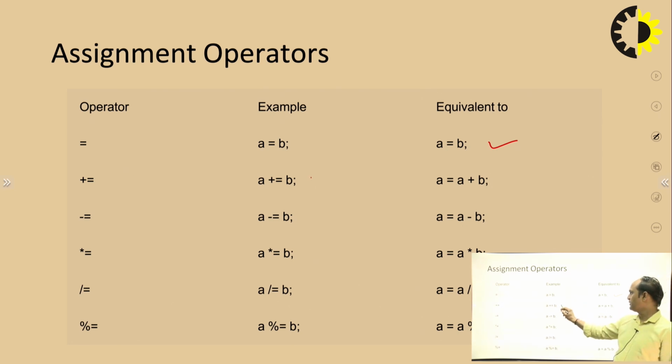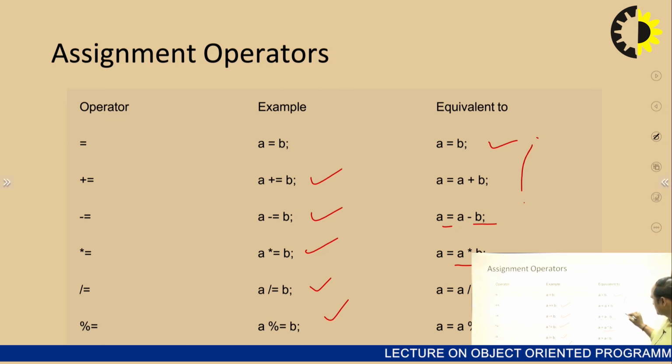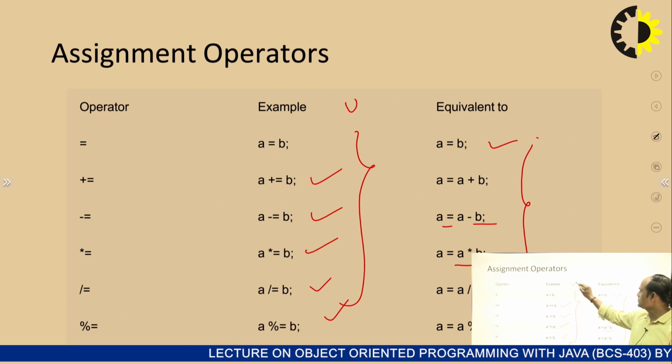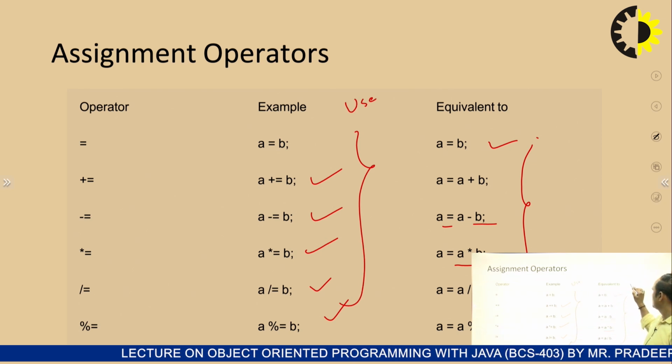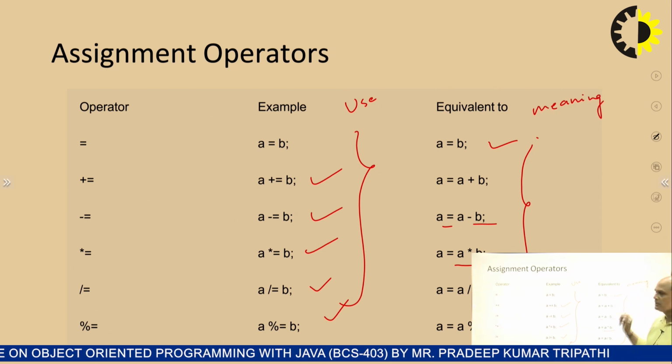We can use a minus equals b, a times equals b, and we can use these types of variable assignment operators. This is their usage, and this is the meaning of that particular example.